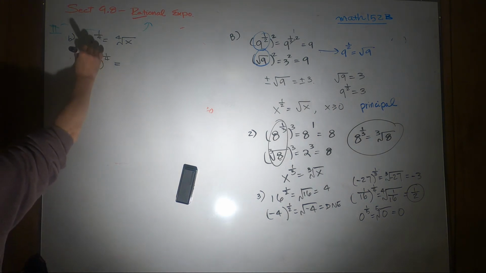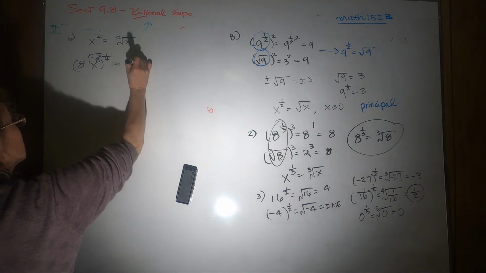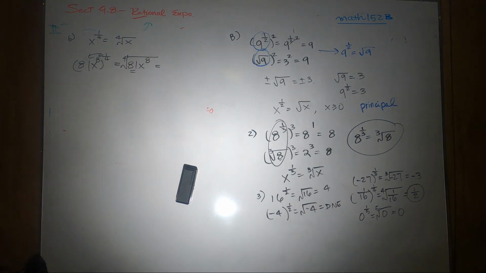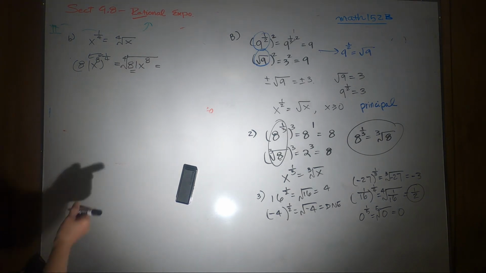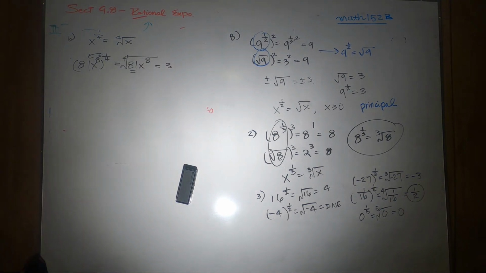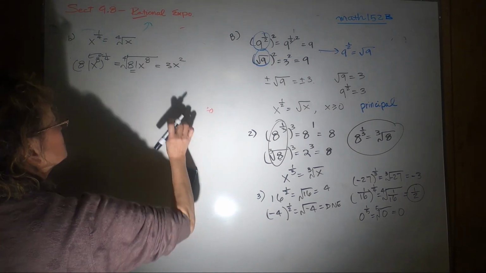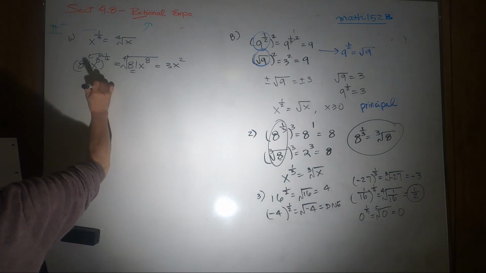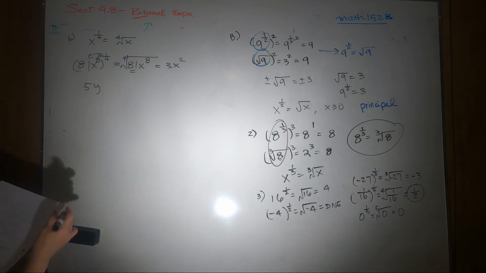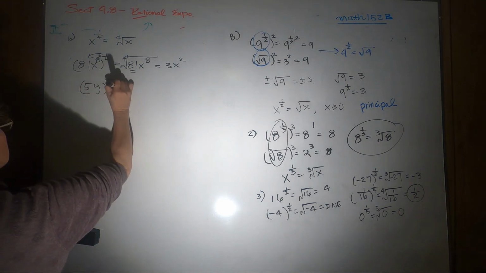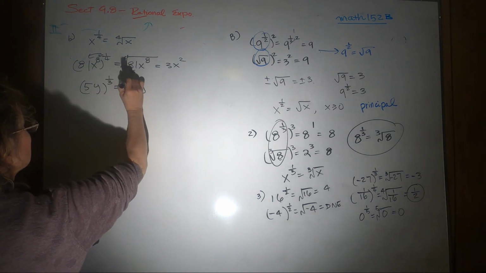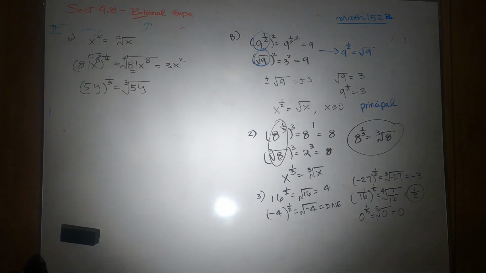You can distribute them, or you can just write the whole thing to take a fourth root. Then 81 take a fourth root would be 3, right? Then x^8 take fourth root would be x squared, right? Then if we have 5y to the 1/3 power, instead of writing the power style, you can write the cube root of 5y, right?